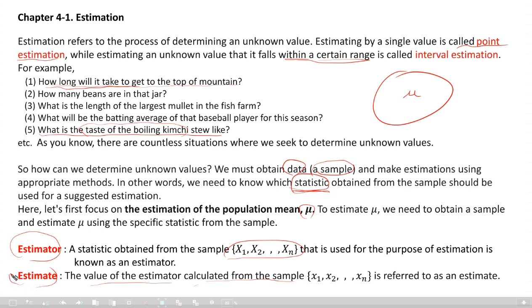So you had better distinguish the two terminologies, estimator and estimate. It is simple. The estimator is a random variable. The estimate is the value of that random variable. Okay, small letter. Okay, next page.